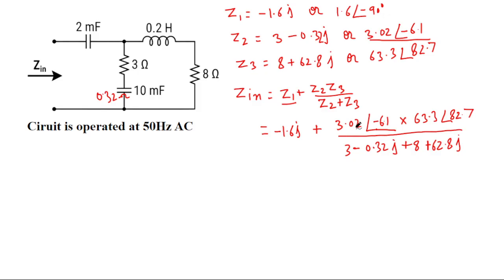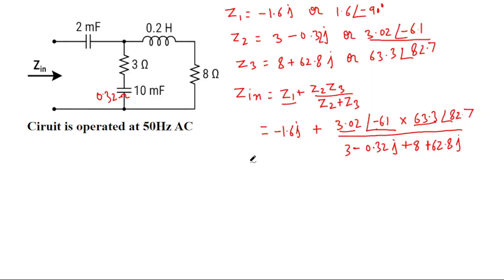Because in the polar form I can simply multiply these two quantities and add the two angles. In the denominator I would add the real parts and the imaginary parts. That makes this calculation very easy.